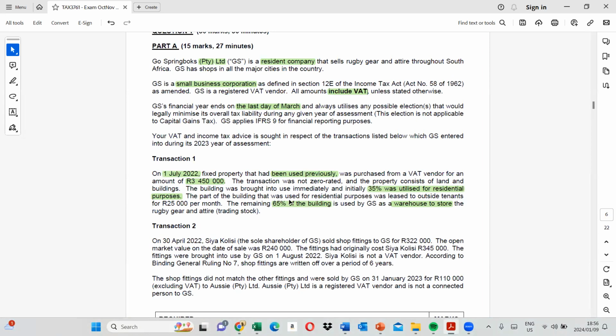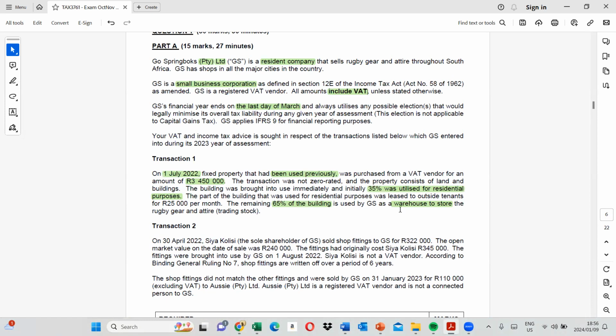Part of the building is used for residential purposes. As you can see, 35% was utilized for residential purposes. So what does it mean in regards to this? We have two sections that we had to pay attention to in regards to these buildings.